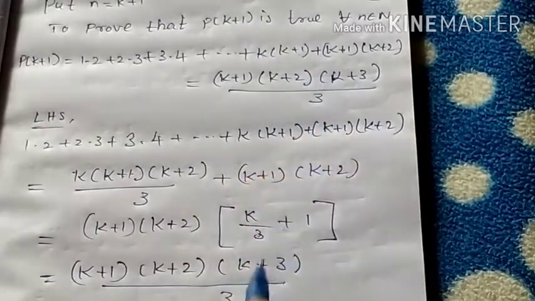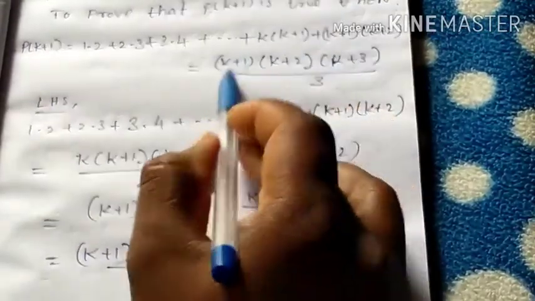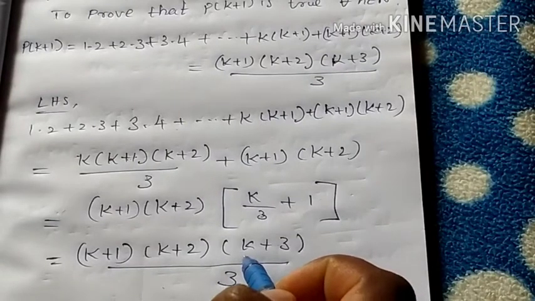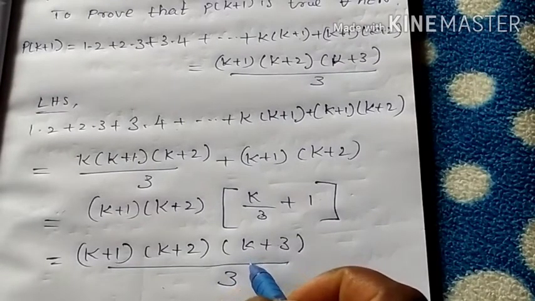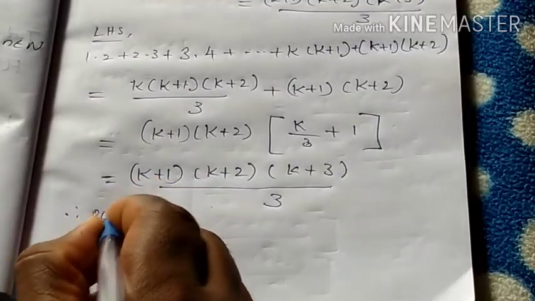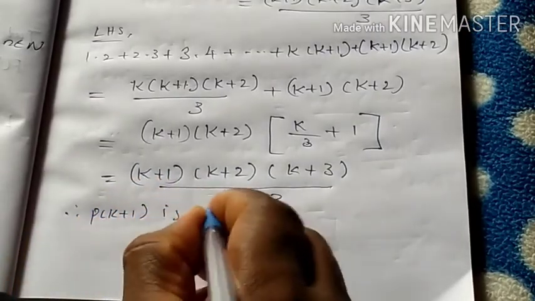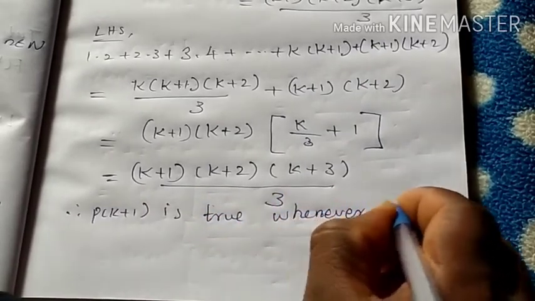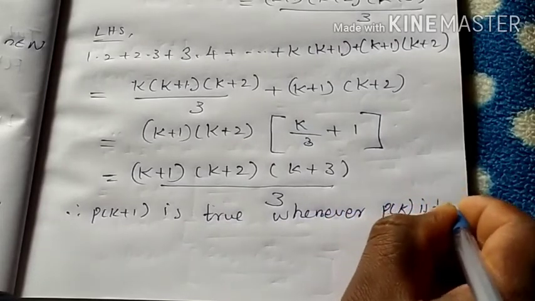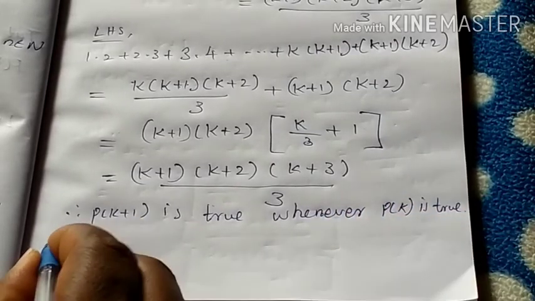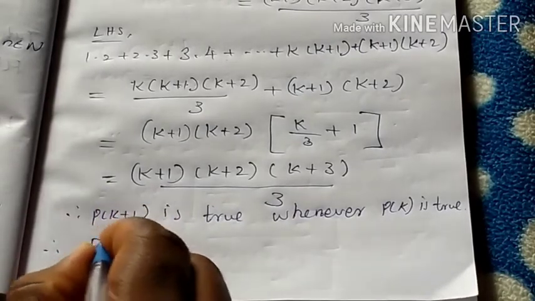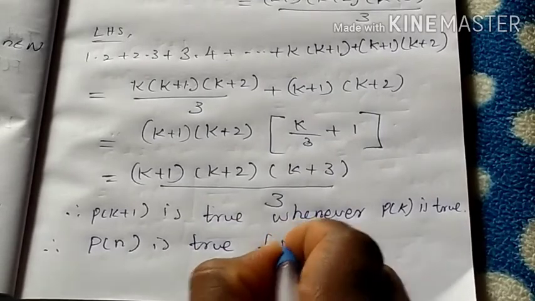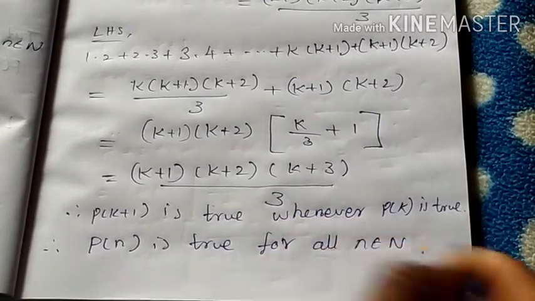Okay, comparing this with the value to be proved, both are equal, so p of k+1 is true for all n belongs to N whenever p of k is true. Therefore p of k+1 is true whenever p of k is true. Okay, therefore p of n is true for all n belongs to N.